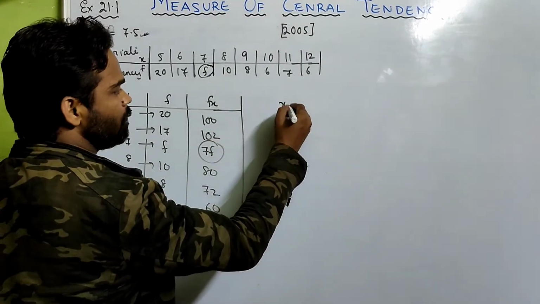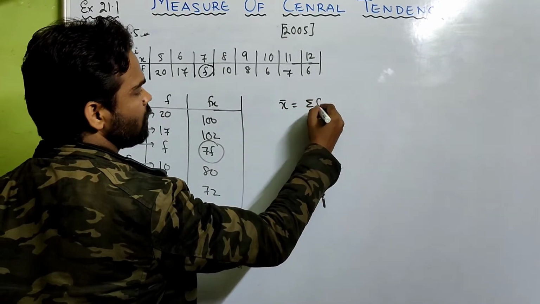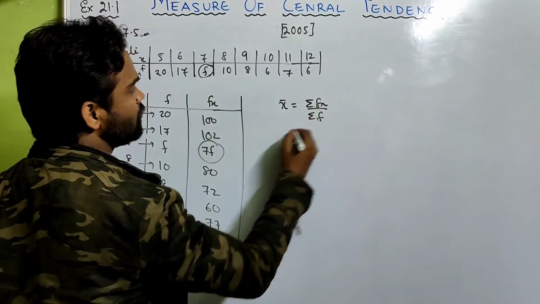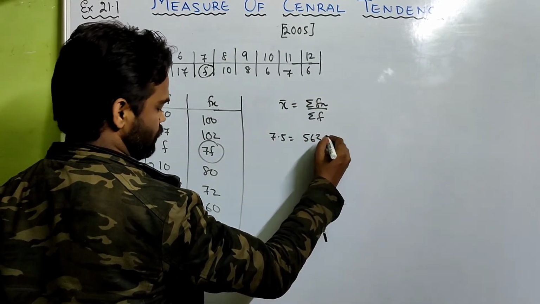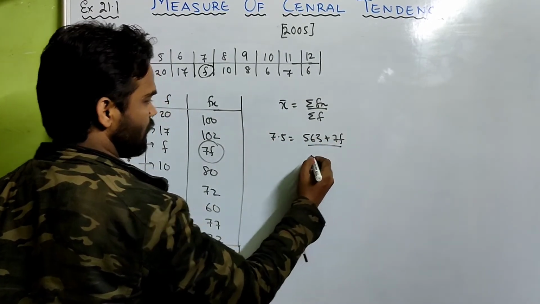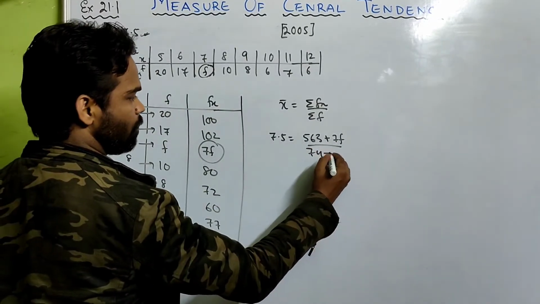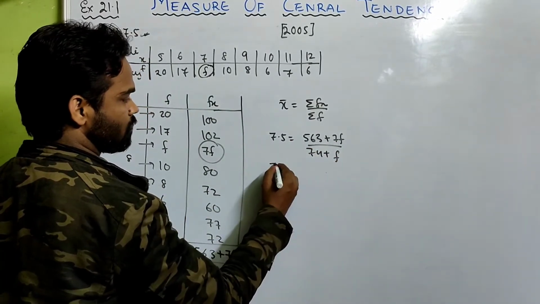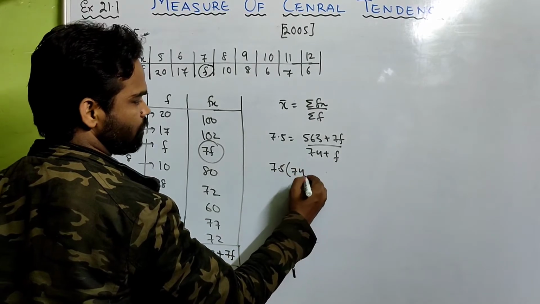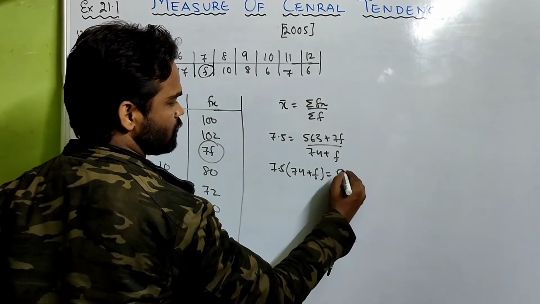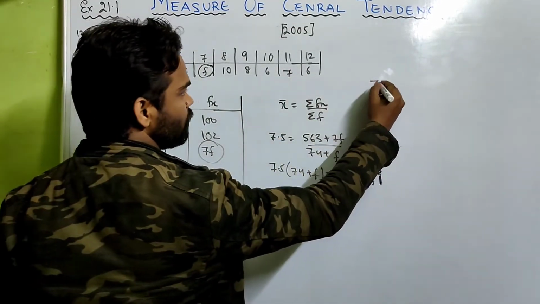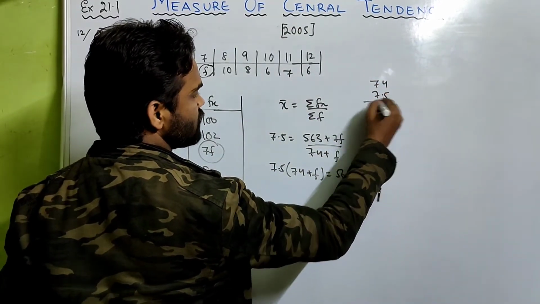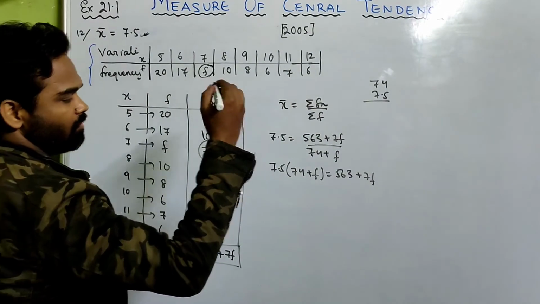Now, we know that mean equals sigma fx by sigma f. So 7.5 is equal to 563 plus 7f by 74 plus f. We'll solve for f. Now 7.5 multiplied by 74 will be 555.